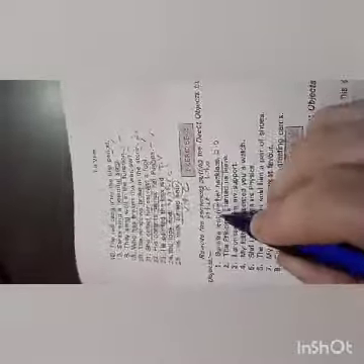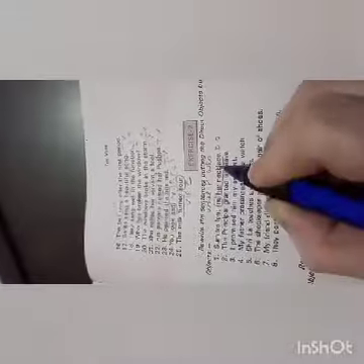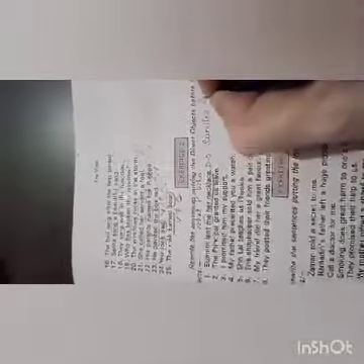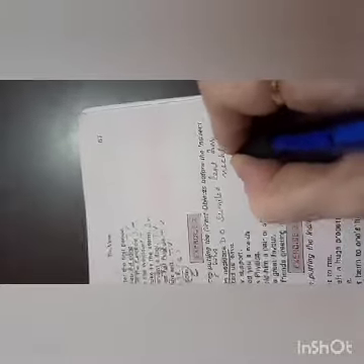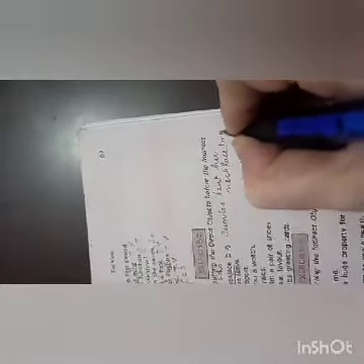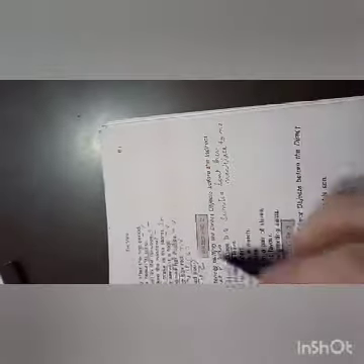So you have to rewrite the sentence like this: Sumitra lent her necklace to me.